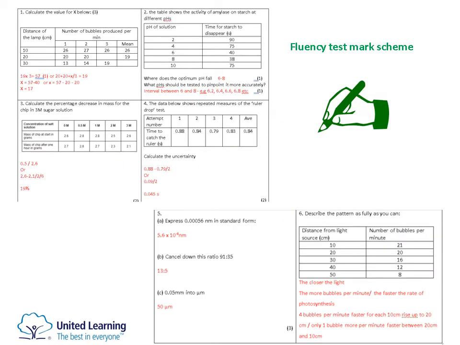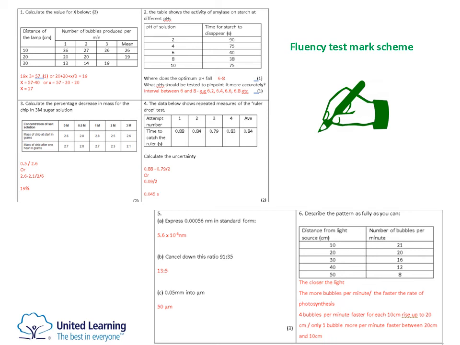Here are our answers for the fluency test. For the first one, calculating the value for x, the working out is shown there. For the optimum pH in number 2, you're looking at the quickest.